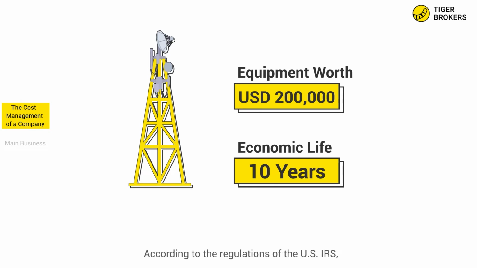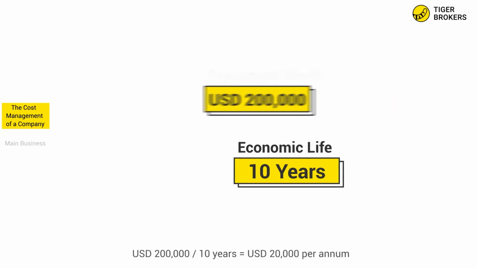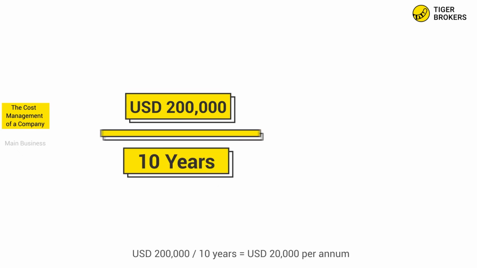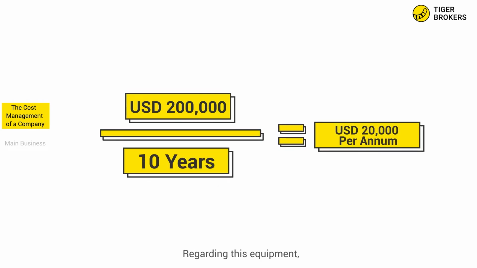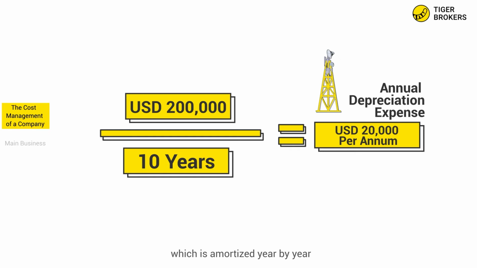According to the regulations of the US IRS, the $2 million expenditure cannot be expensed at one time, but shall be included in the depreciation expenses of each year. For example, the 10-year schedule. In other words, the annual depreciation expense is $2 million divided by 10 years, which equals $200,000 per annum. Regarding this equipment, the annual depreciation expense is amortized year by year.